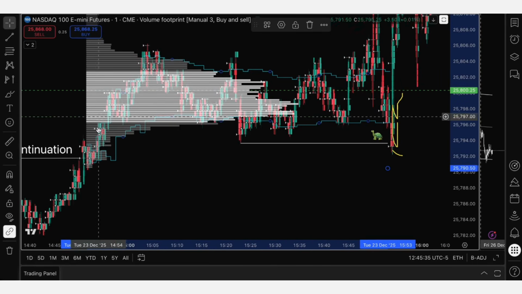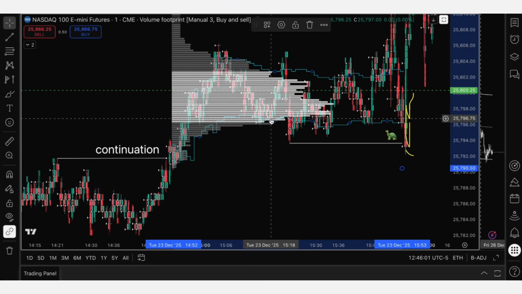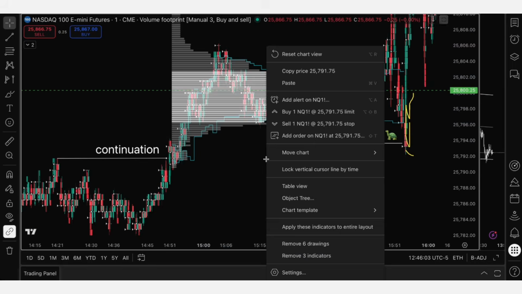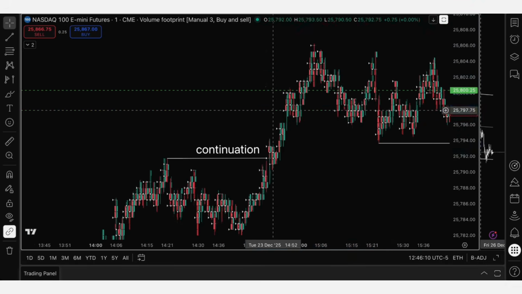As you can see, the value area of this zone is right here. And the price moved back into the balance zone, where the price found acceptance right here. These confluences can help you increase your win rate and help you find more high probable trades.